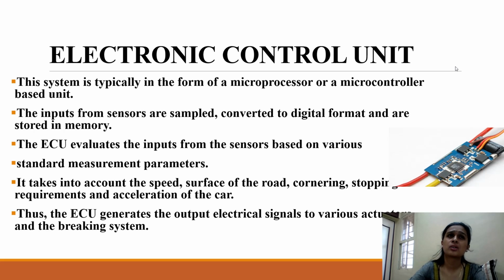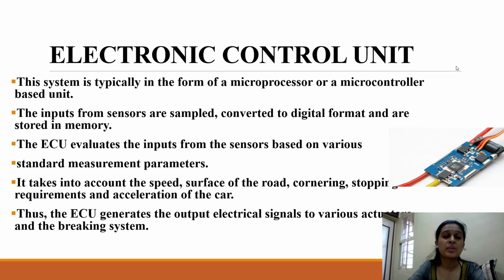Then we have the important unit or the main vital component of a suspension system, also called the electronic control unit. Now this is nothing but a microprocessor, a microcontroller, or a computerized system. Now what all inputs, that is the yaw rate sensor, where we have a sensor which gives us some sort of displacement or some overspeeding, or the lateral acceleration sensor, or the steering input, where we can get the angular motion or the rotation of the vehicle.